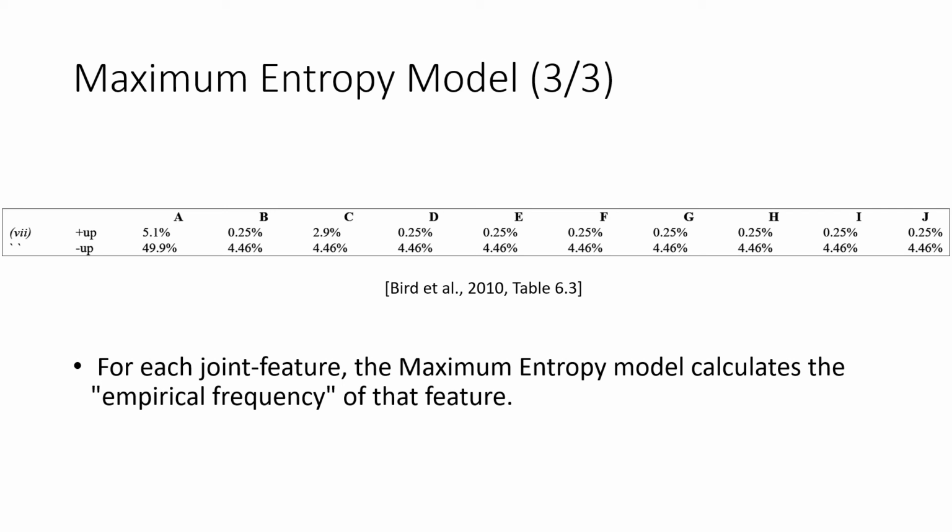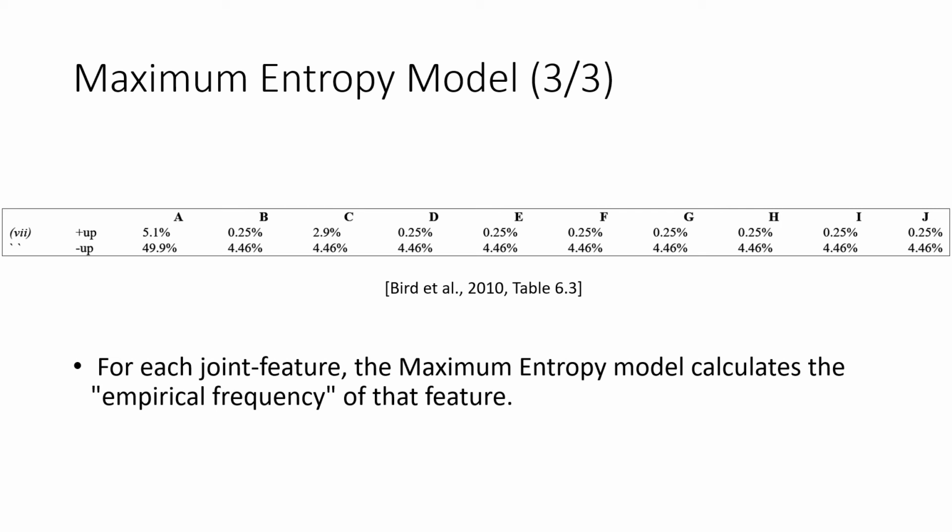If we add up the probabilities in column A, we get 55%. If we add up the probabilities of row 1, we get 10%. And if we add up the boxes for senses A and C in the plus-up row, we get 8%, or 80% of the plus-up cases. Furthermore, the remaining probabilities appear to be evenly distributed.